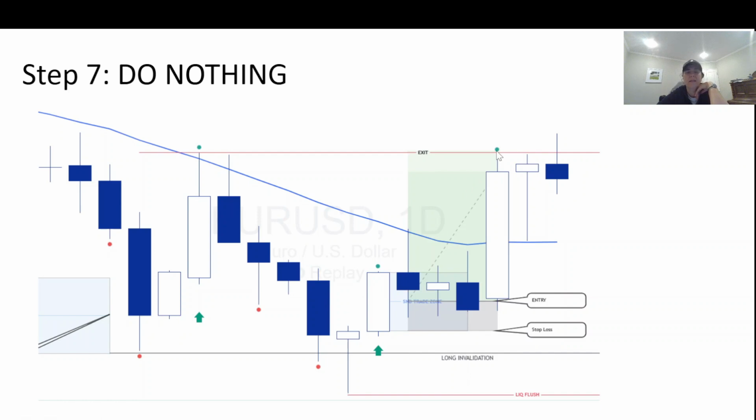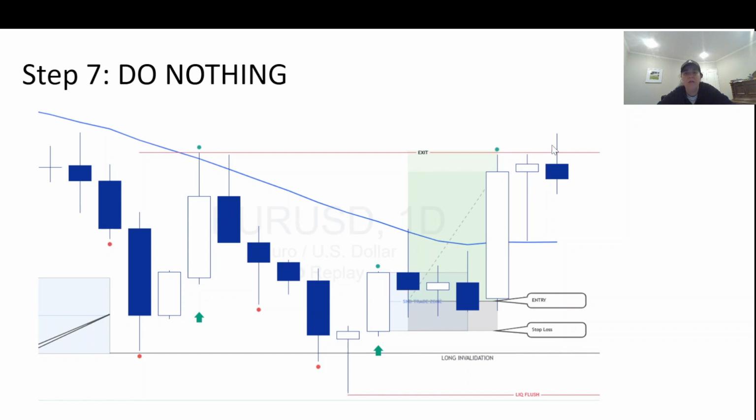Our exit up here, and we'll go into this when we go through the exits, is based on the same principles. It's based on structure and where liquidity is, and there's liquidity above here. The fact that this is providing demand zones where they're buying, they've already tricked everyone into selling, and now they're buying.